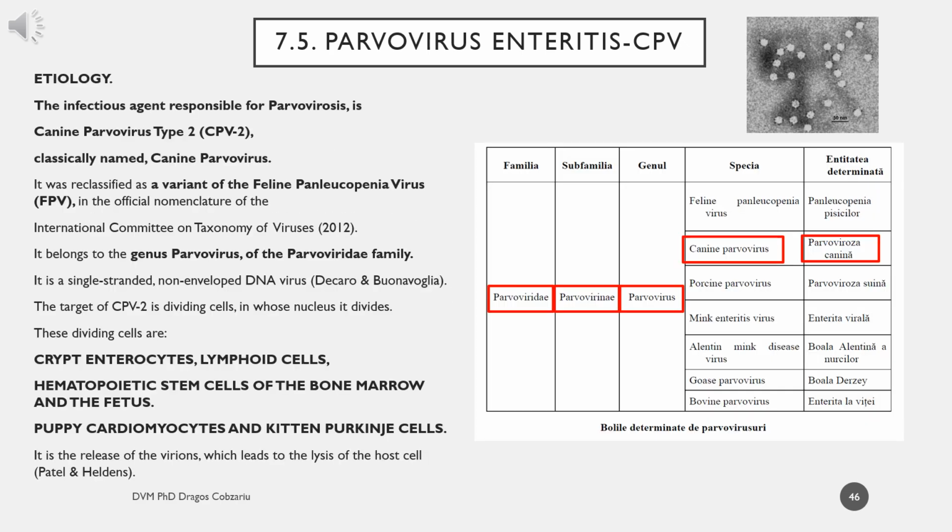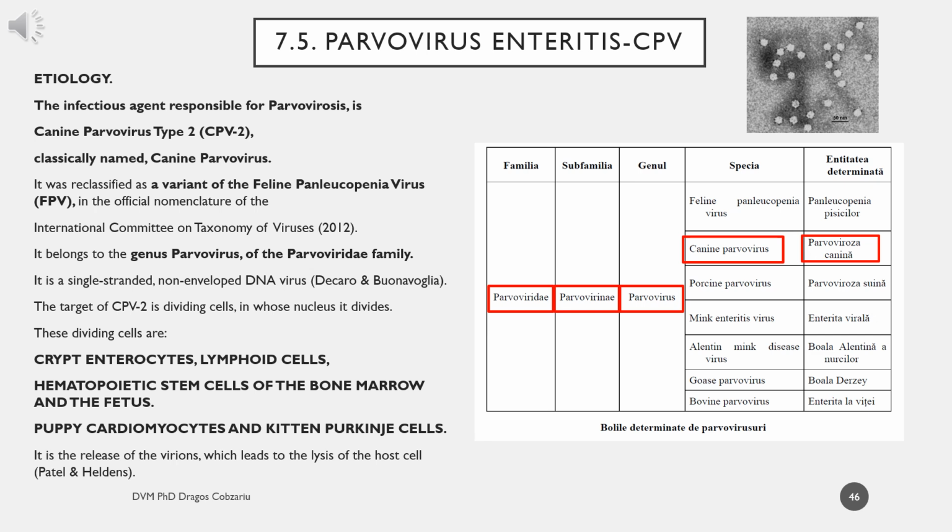Etiology. The infectious agent responsible for parvovirosis is canine parvovirus type 2, CPV2. Classically named canine parvovirus, it was reclassified as a variant of the feline panleukopenia virus, FPV, in the official nomenclature of the International Committee on Taxonomy of Viruses, 2012.